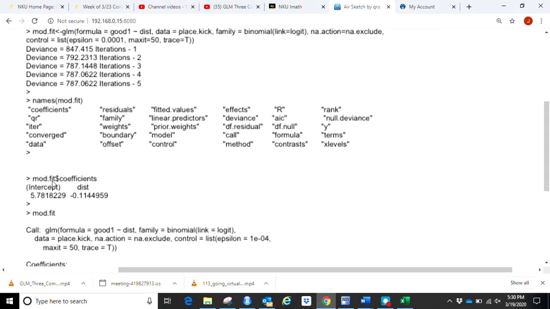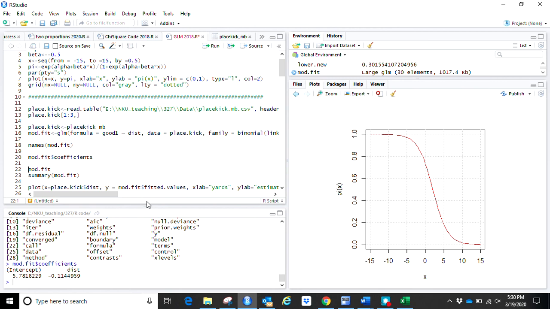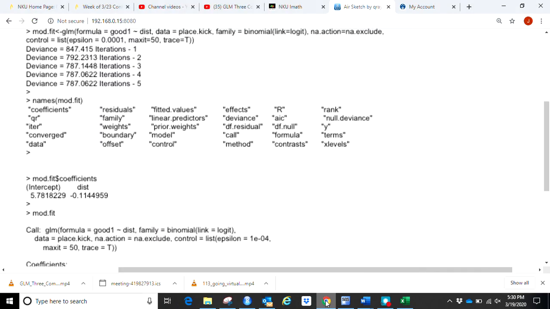So if, for example, I ask for mod.fit$coefficients, it's going to give me an intercept and this thing called dist. So let's actually do that part. So what these values are for me. Let me go back here where I can actually draw on this for you.